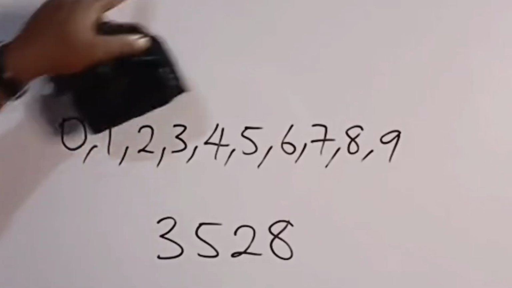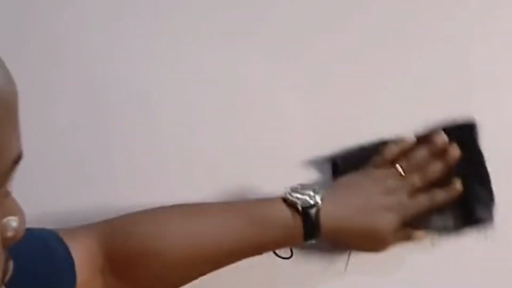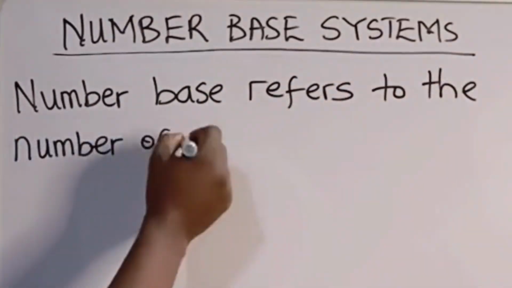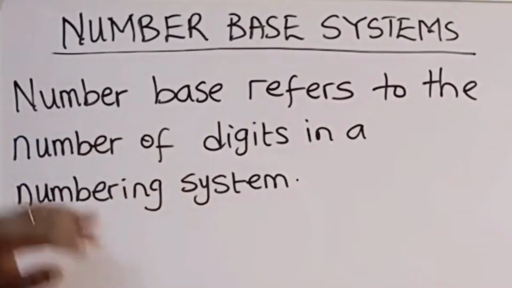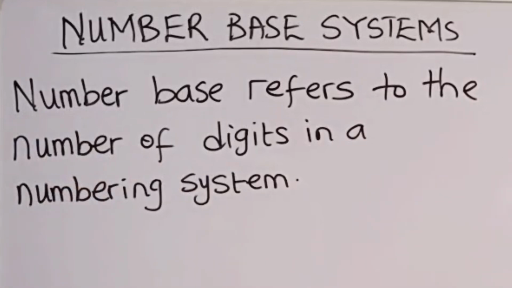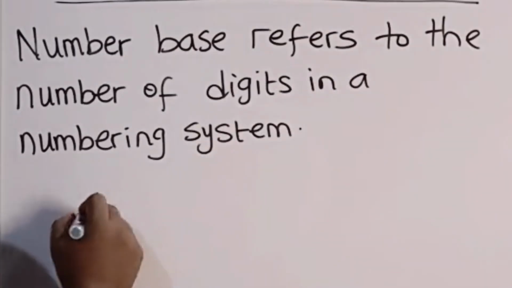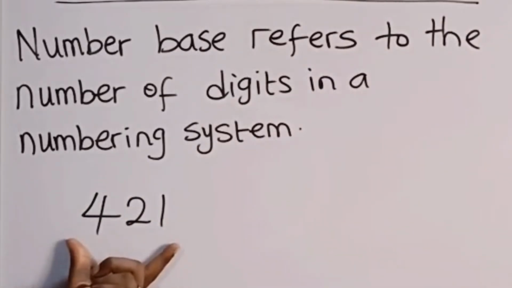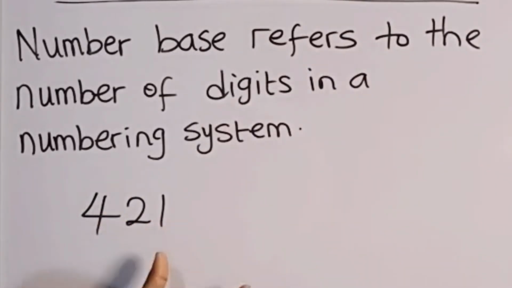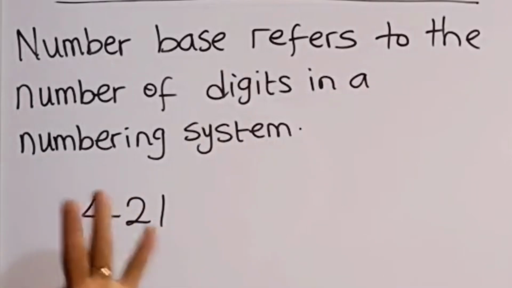Let's write what numbering systems are. Number base refers to the number of digits in a numbering system. So there's a difference between digits and a number, right? If I have 421, this is a number. 421 is a number made up of 3 digits.